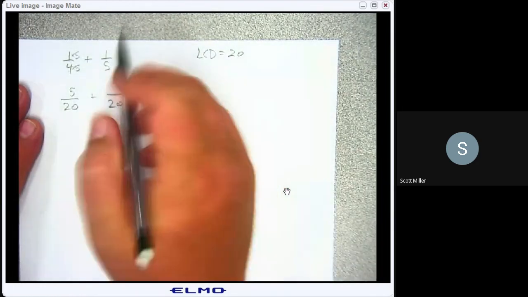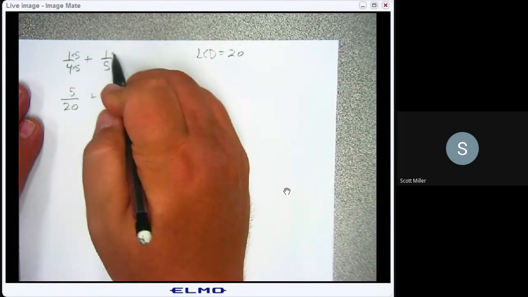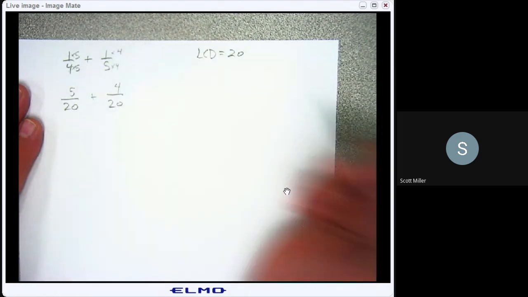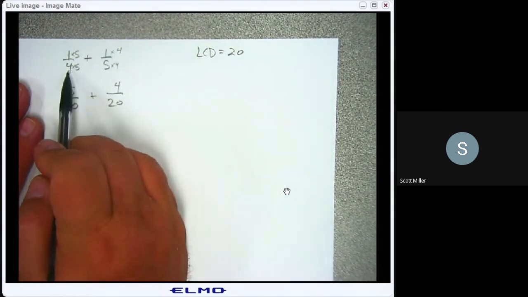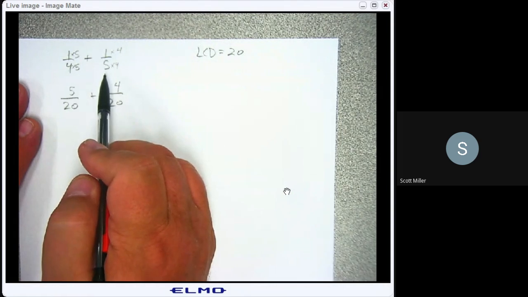And how do I do this one? Well, 5 times 4 is 20. So this one is times 4. So 1 times 4 is 4. And there you go. So 1/4 of a pizza plus 1/5 of a pizza of different sizes is equivalent to what?